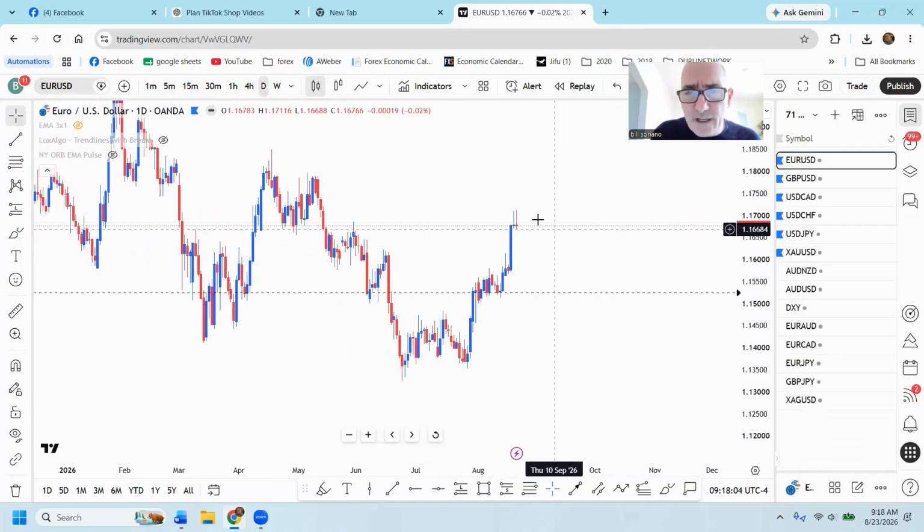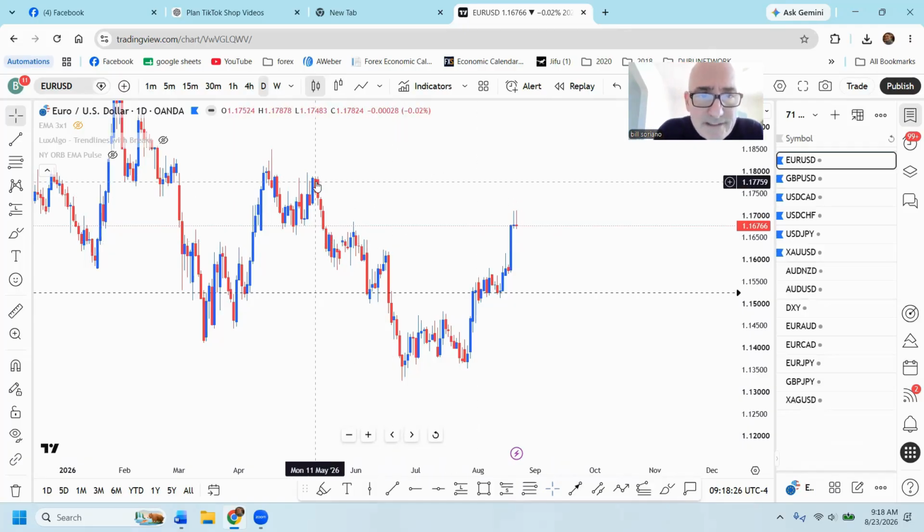So what we want to do now is look to the left to see the next area up where we could set our daily range high. We're looking for a blue body candle, or an up candle, followed by a red body candle. And we want those bodies to almost match. They should be very close to the same.